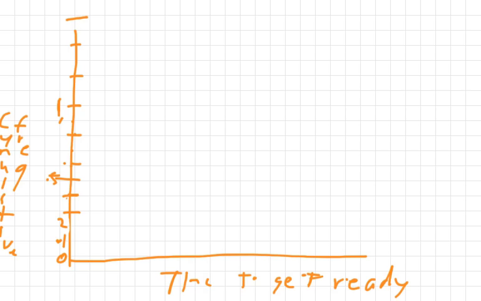Having said this, we are now going to start at 0. So 10, 20, 30, 40, 50, 60, 70, 80, 90.